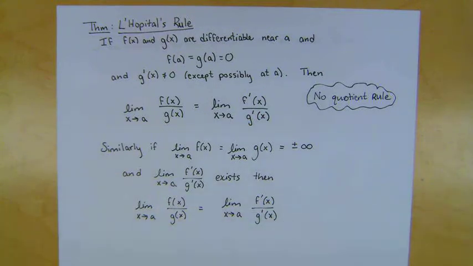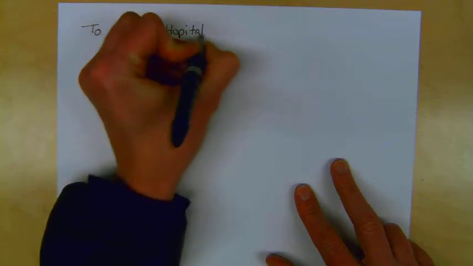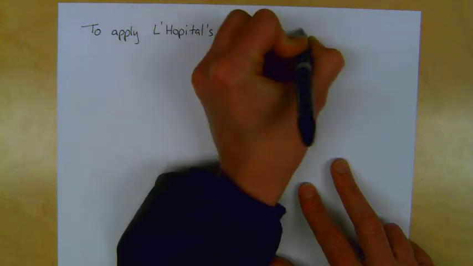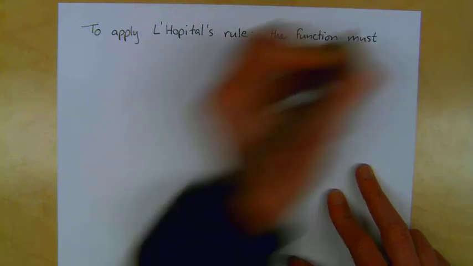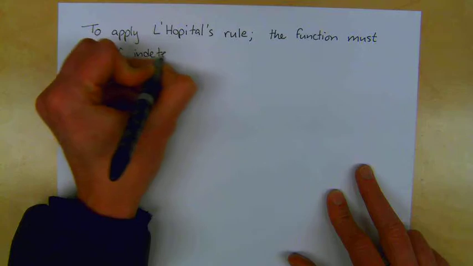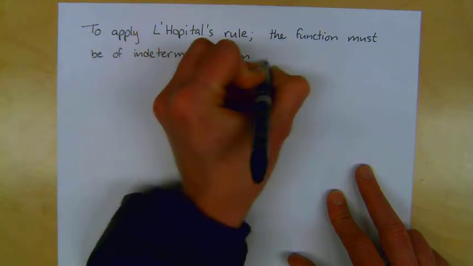So that sort of seems like a lot of work. What does this all mean? What does this boil down to? It boils down to the fact that to apply L'Hopital's Rule, the functions must be of indeterminate form when applying the limits.